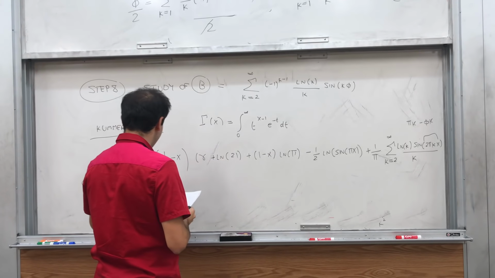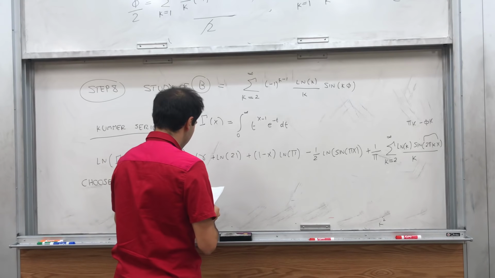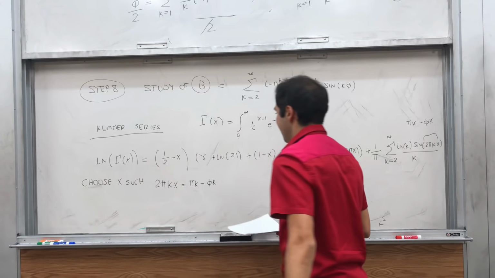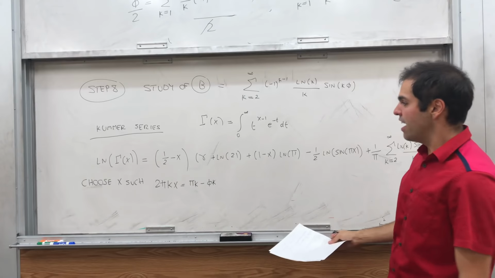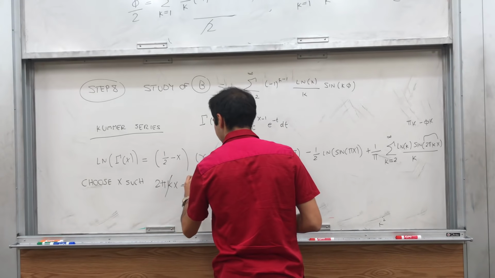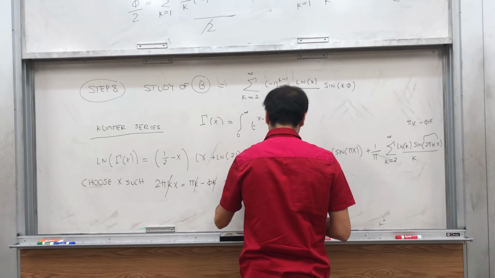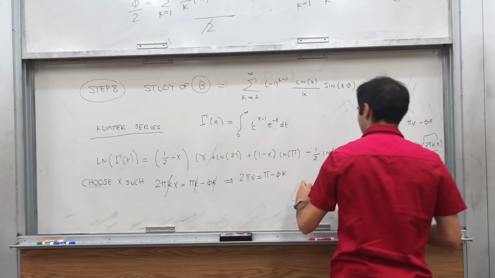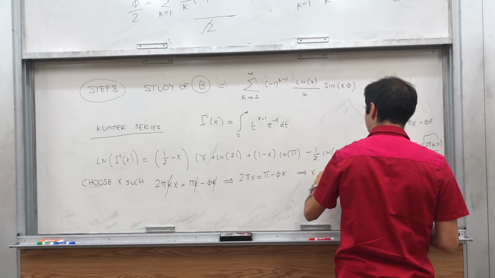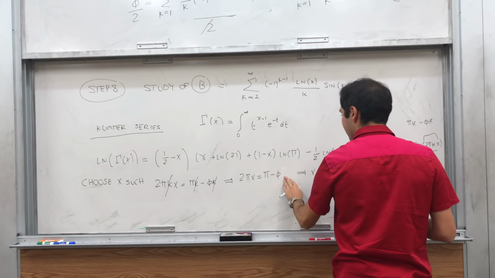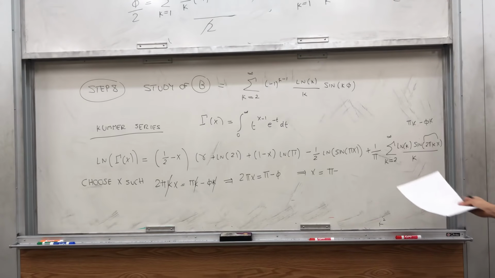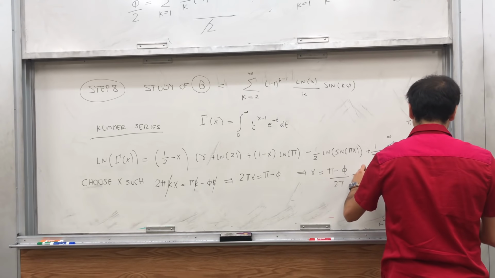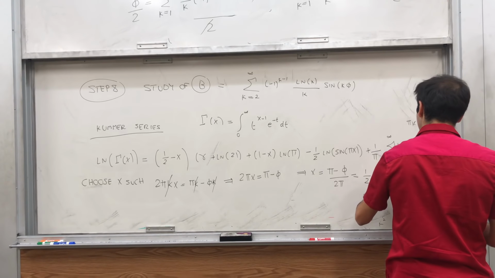So choose x such that 2 pi kx equals pi k minus phi k. And then divide by k, so assuming k is positive, we get 2 pi x equals pi minus phi. So x is pi minus phi over 2 pi, which you can write as 1/2 minus phi over 2 pi.